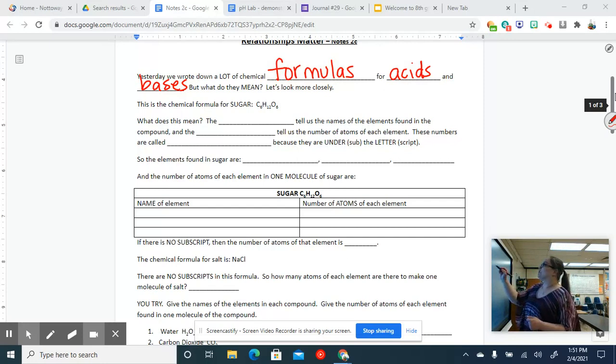So sugar, glucose, what we talked about in the lab, plant sugar is C6H12O6. Well, what does that mean? The letters tell us the name of the element. So the letter is the chemical symbol of whatever element is in the compound.